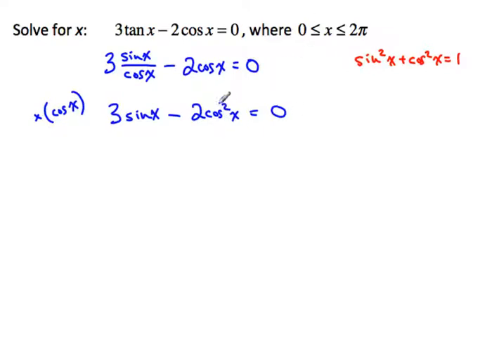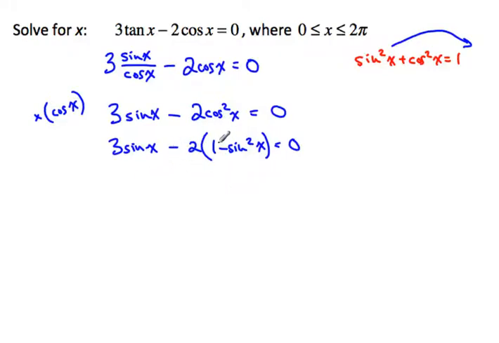And therefore, cosine squared x can be written as 1 minus sine squared x by moving this sine squared x onto the other side. So we get 3 sine x minus 2, and replacing the cosine squared x with 1 minus sine squared x, we get that equals 0.